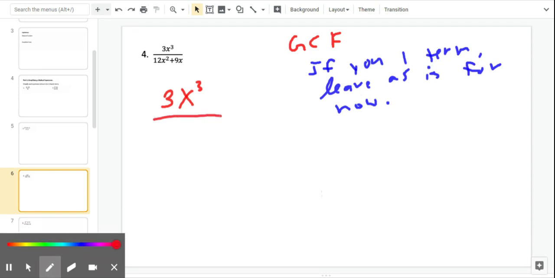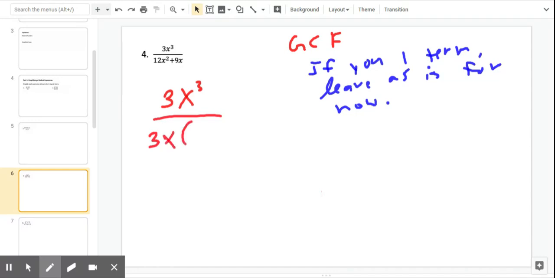All right, so 3x cubed over 12x squared plus 9x. We've got a 12 and a 9, so we can factor a 3 out of that. But we've also got an x squared and an x to the first, which means we can take out an x to the first.